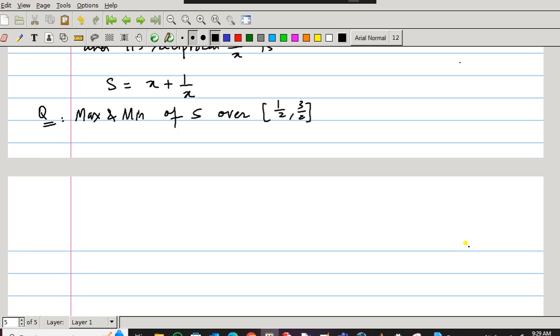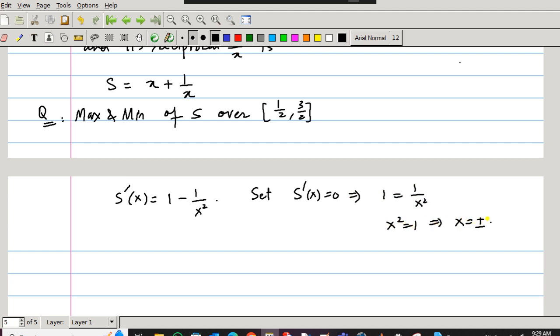So let's see. Again, for maxima and minima, I need the derivative of S. So S prime of x is 1 minus 1 over x squared. So this is what I got. Now set S prime of x equal to 0. If I set it equal to 0, I got 1 equal to 1 over x square, x square equal to 1. So x is equal to plus and minus 1 both, right?